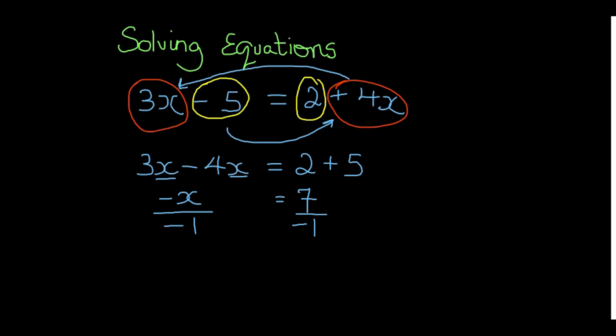Okay. Let me help you out. So we have negative 1x over negative 1. Alright? So what happens here is that the negative 1 and the negative 1 will cancel out, so it will become a positive x. And then over here we have a positive number divided by a negative number, don't we?